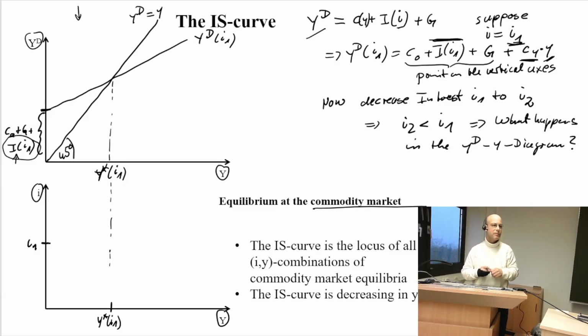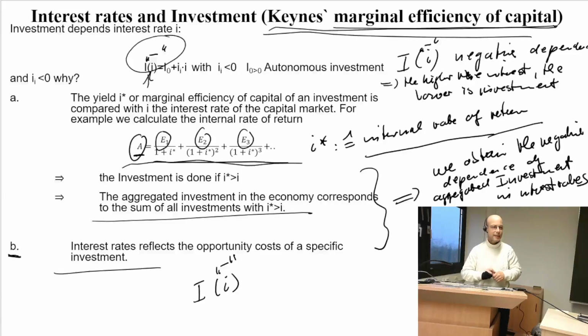We have only made one assumption about investment and interest rates. And what assumption was this? If you look at this slide. What happens to investment if interest rates decrease compared to some starting value?